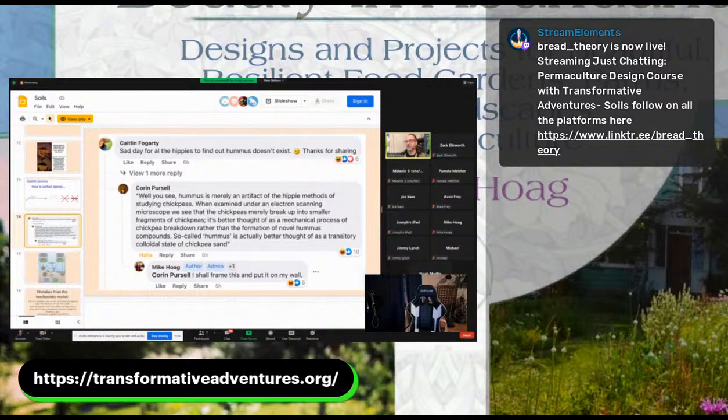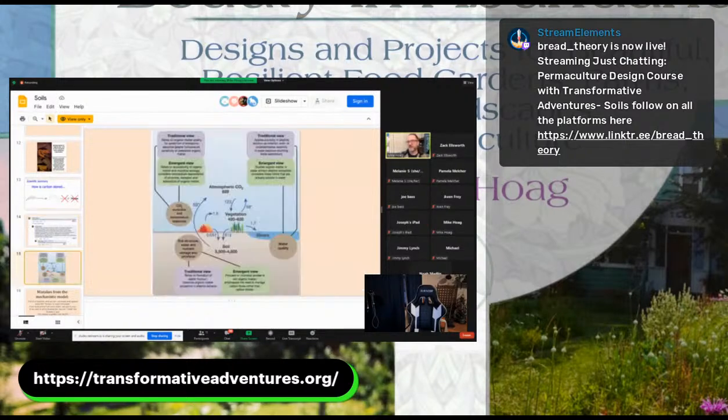It's quite a different idea. Here's a slide from one of the studies, just here for your information if you like. We're looking at the part related to soil.